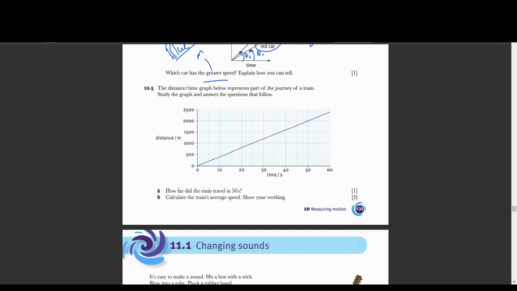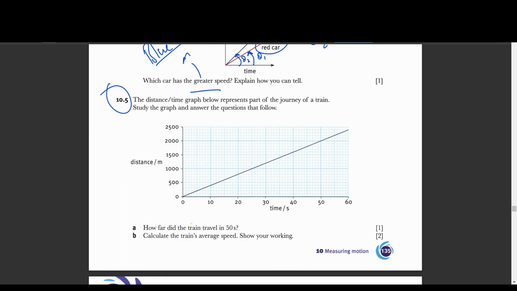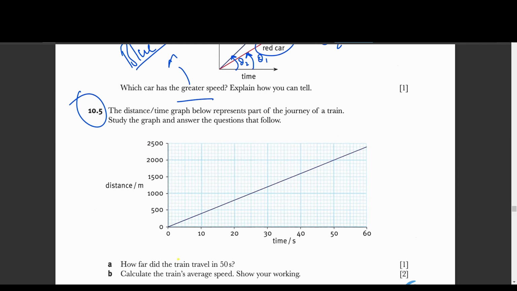Question number 10.5. The distance time graph below represents the part of the journey of a train. Study the graph and answer the following questions. Now have a look at this graph. The distance is in meters and the time is in seconds. How far did the train travel in 50 seconds?